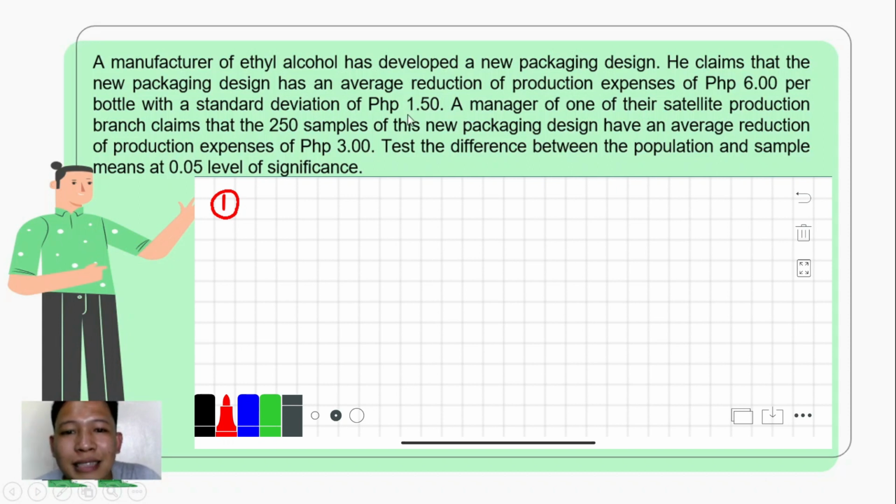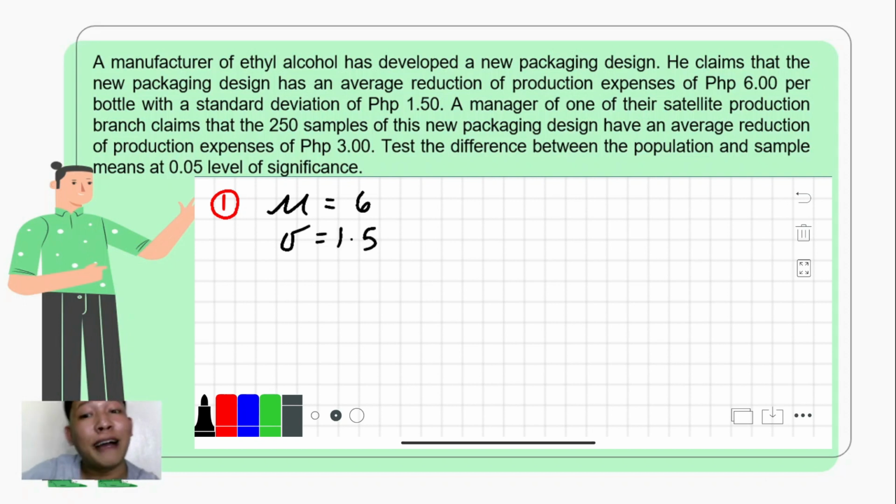Since nothing is said here that this is from a sample, we are assuming that this talks about our population, or these are the parameters. Hence, our population mean would be 6 pesos, and our population standard deviation would be 1.50 or 1.5.